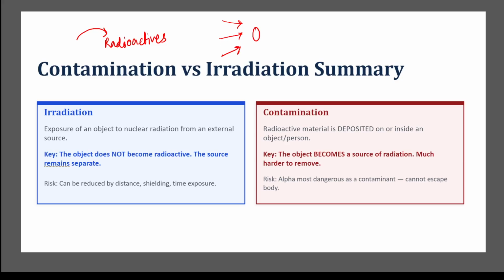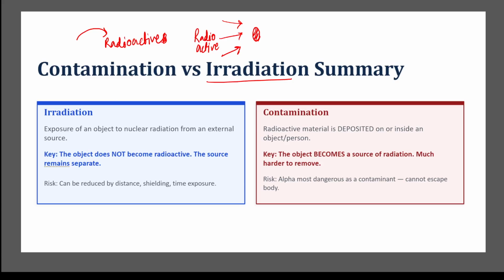Because you're shining gamma radiation on it, there's no contact between the fruit and the radioactive substance. So when there is no contact and only the radiations are hitting it, it is called irradiation. And when there is contact between a radioactive substance and somebody, then it is contamination.